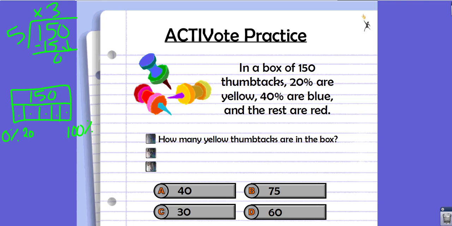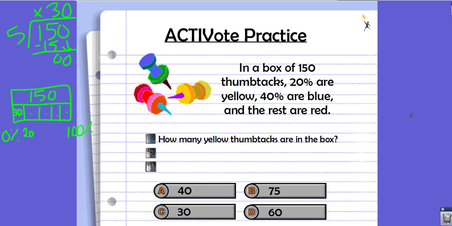I'm left with a 0, so I still need to divide by that. 0 divided by 5 will give me 0. So that means that each one of these is worth 30. So this section is 30, this section is 30, 30, 30, and 30. So that means that 20% of it should have been 30.